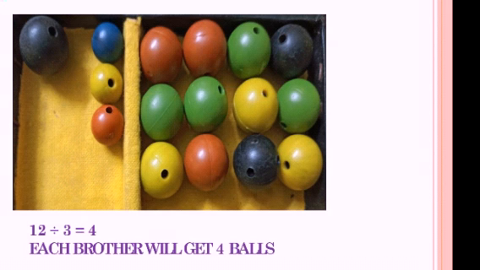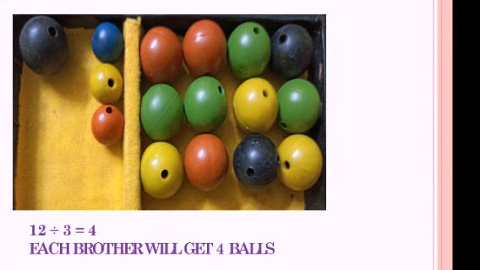Distributed and distributed equally. There is a difference in both the phrases. Distributing means each person might have a different number of balls. But if it is said distributed equally, that means each of Sunil's brothers will have the same number of balls.